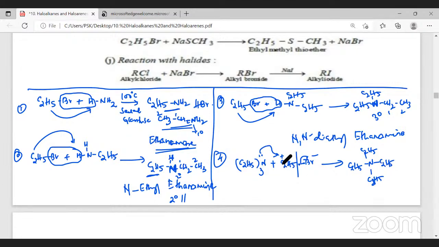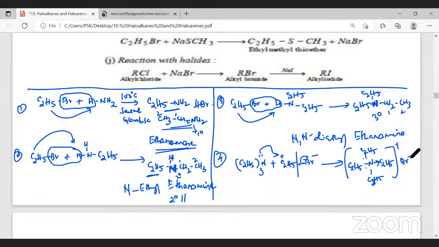Since this carbon atom has a positive charge, now the whole of this will get a positive charge and you will get bromine. See, 3 bonds are covalent bonds. This is covalent, this is covalent, this is covalent. 1 is a coordinate bond. Why? In this case, a pair of electrons is donated to the ethyl group by nitrogen. So when both the electrons are donated by one atom, the bond formed is called a coordinate bond.